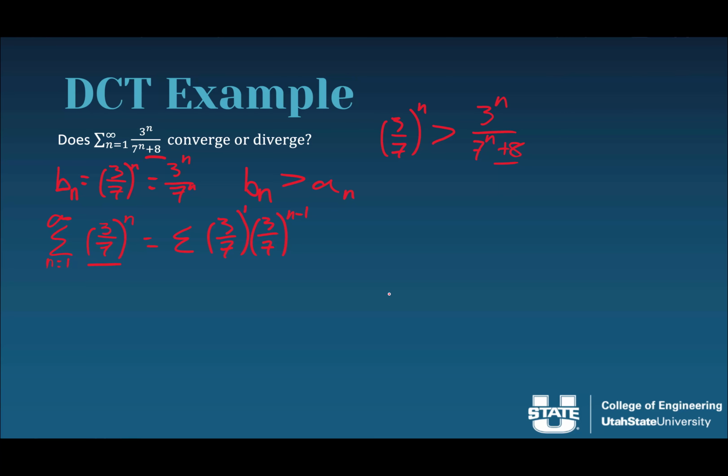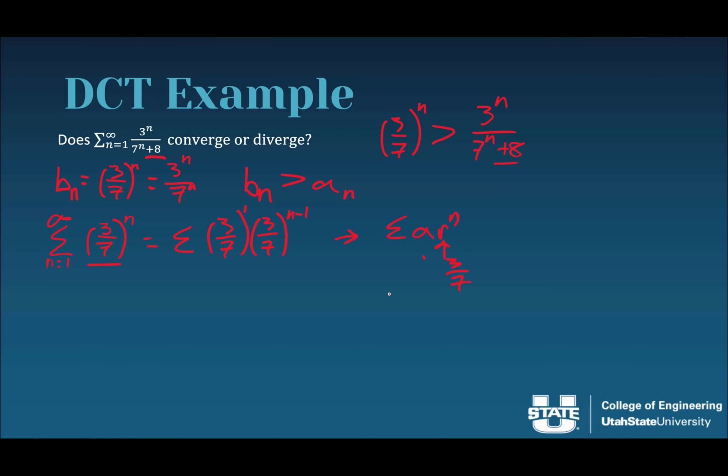Okay. So then according to the geometric series test, if this was in the form of a times r to the n, my r in this case would be 3/7, right?